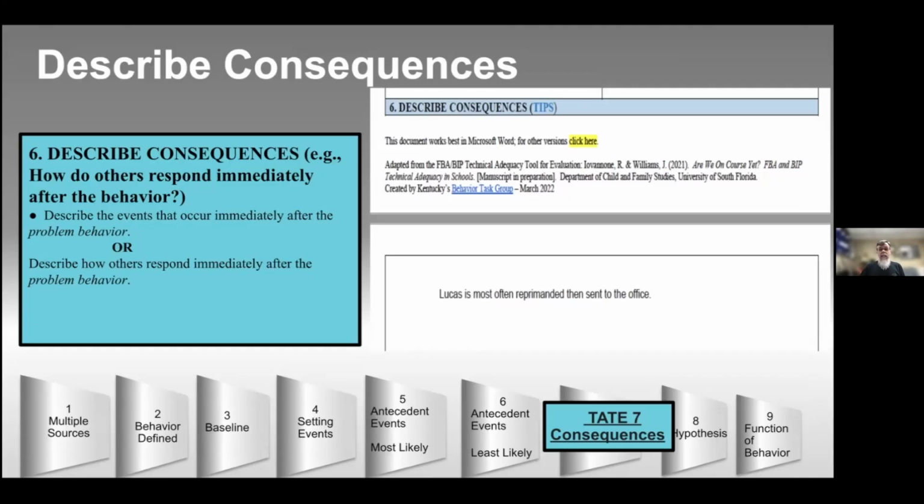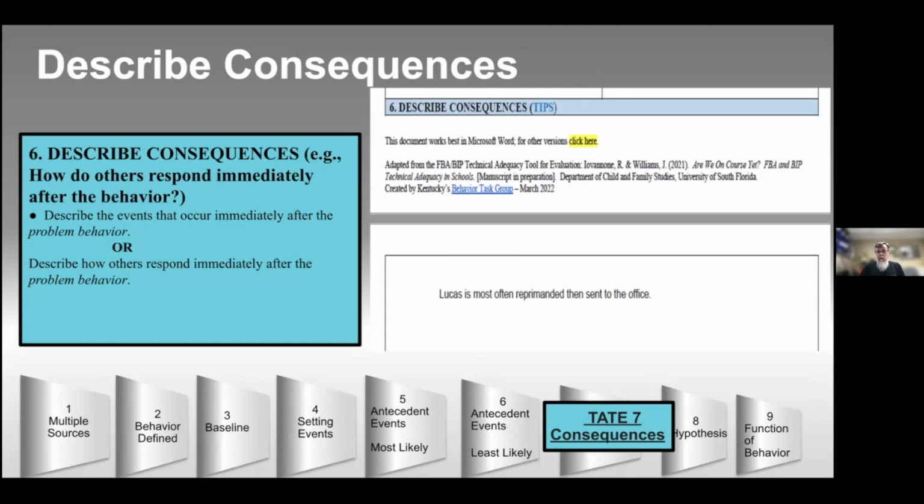That consequence, like I said, occurs immediately after the behavior. It can either increase the likelihood of that behavior occurring again, or decrease the likelihood of that behavior occurring again. So the consequences that we think about could be adult attention.